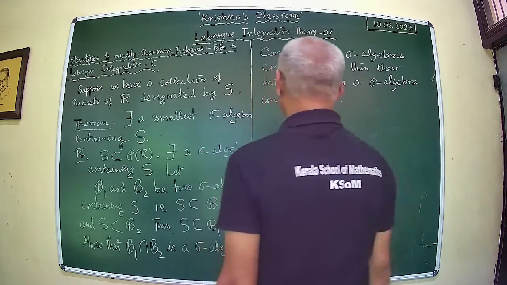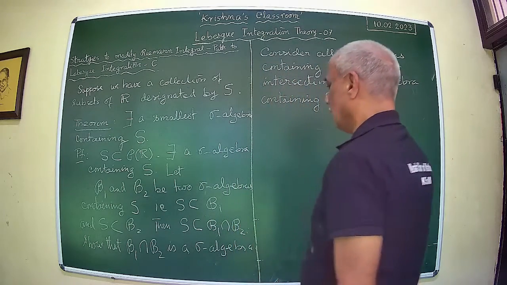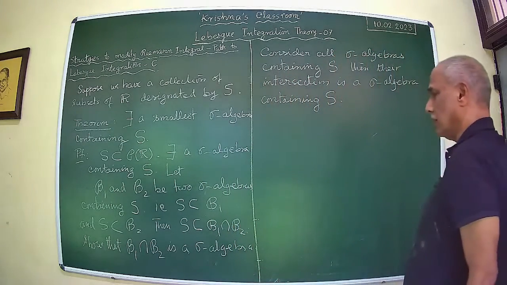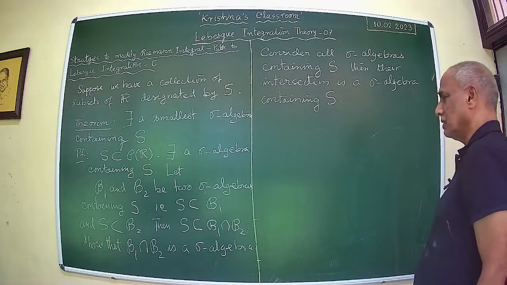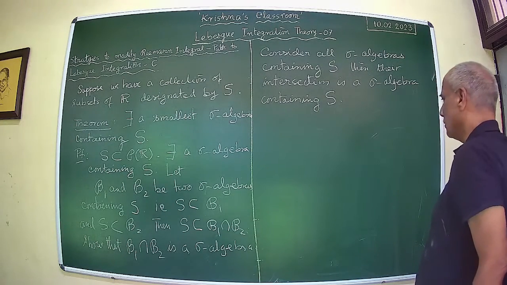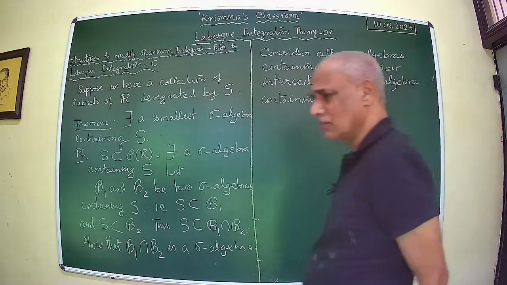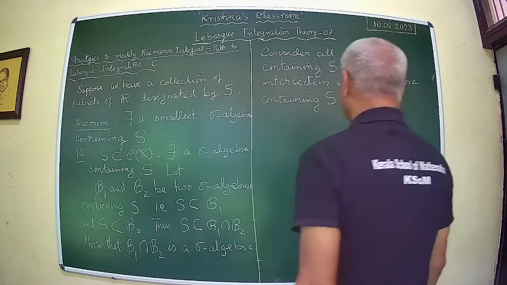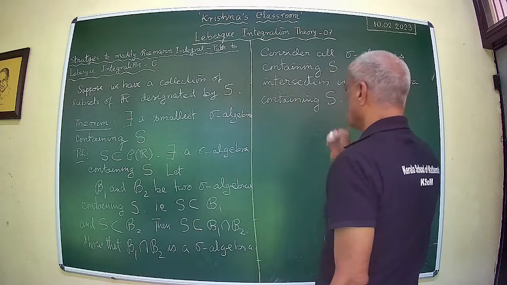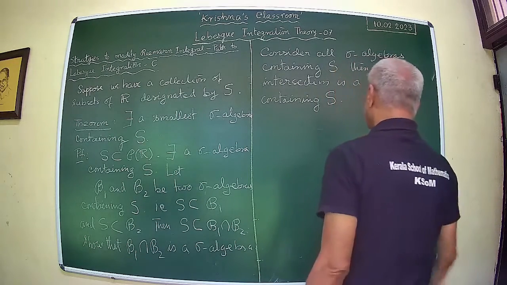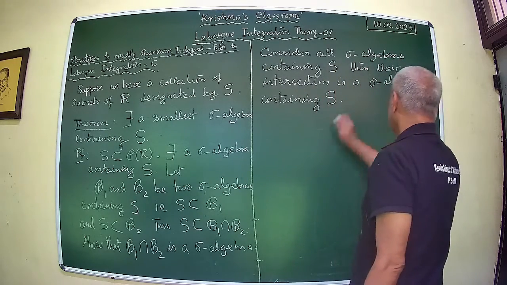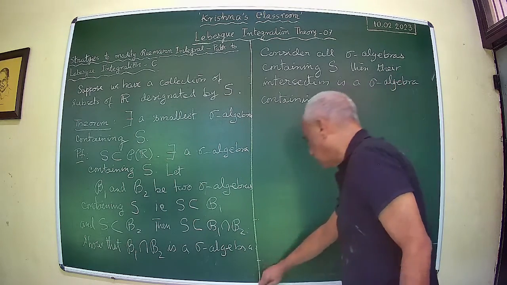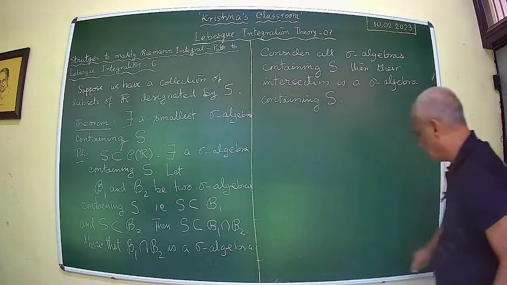So you take this, then the collection of sigma algebras, or the intersection of any two sigma algebras, is a sigma algebra. Intersection of any collection of sigma algebras is a sigma algebra. Therefore, each of these would contain S, so S also is a subcollection belonging to the intersection.